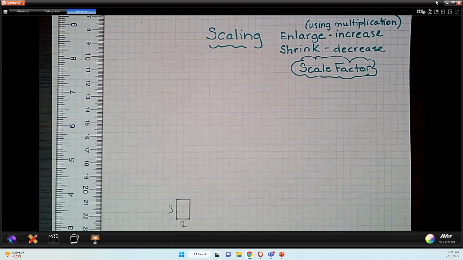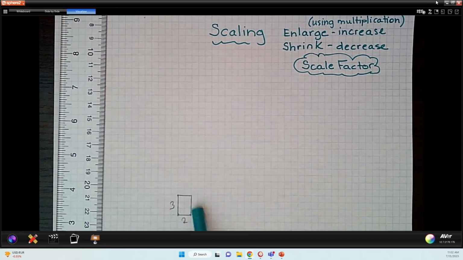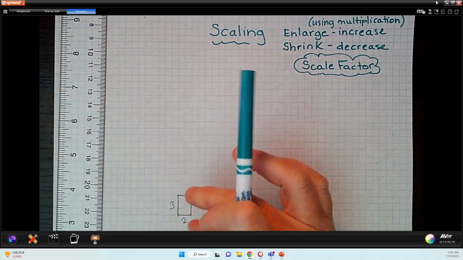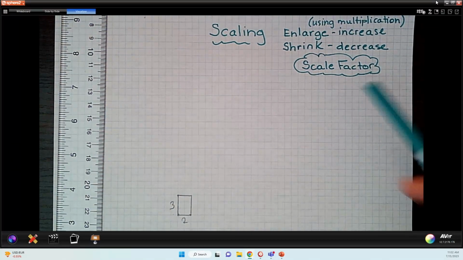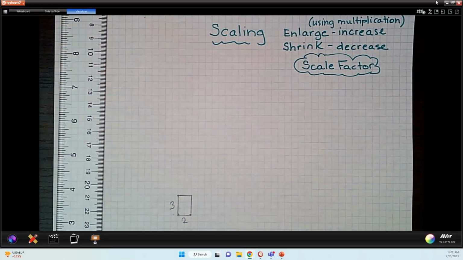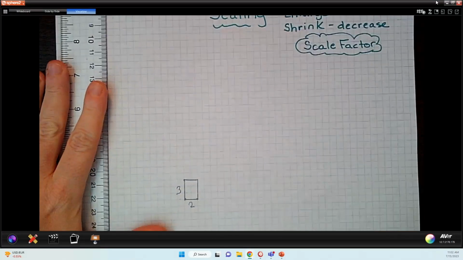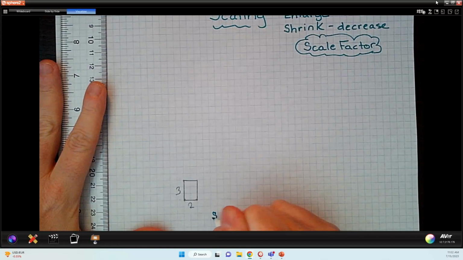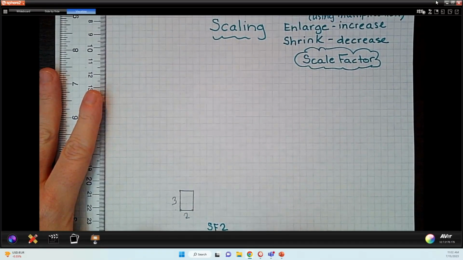So I like to think of this as like enlarging a photo that you might have on your phone. I have an example of a very small image or rectangle, and we're going to enlarge that by a scale factor. The scale factor can be any number. I'm going to use a scale factor of 2, and I'm going to use SF as an abbreviation for scale factor.